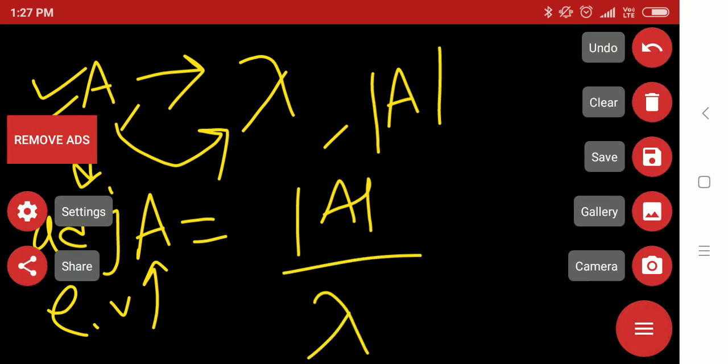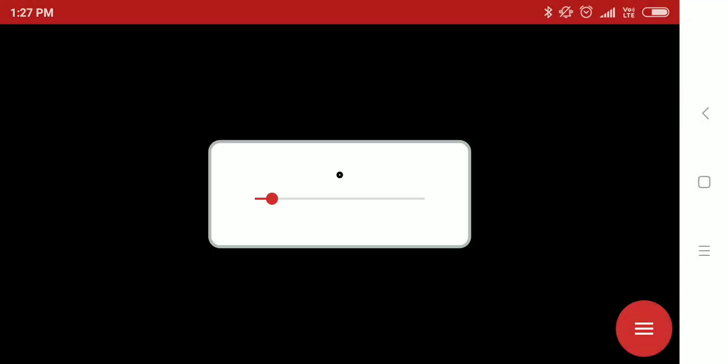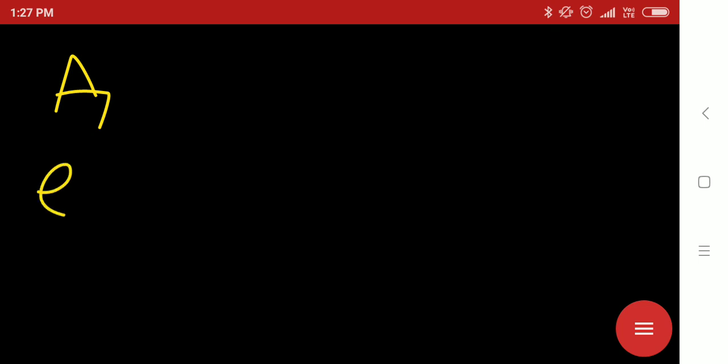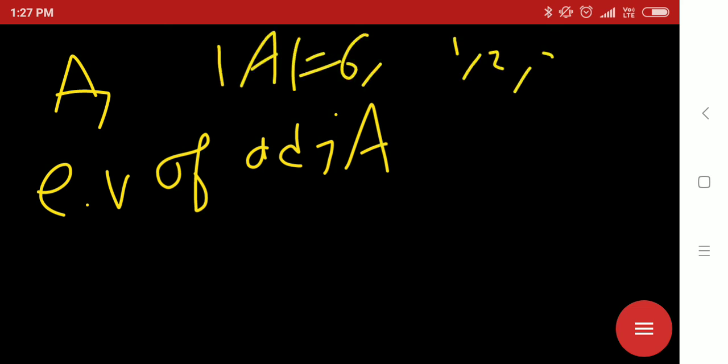So we have determinant A equals what? 6. A is the matrix, and the 3 eigenvalues are what? 1, 2 and 3 we have.